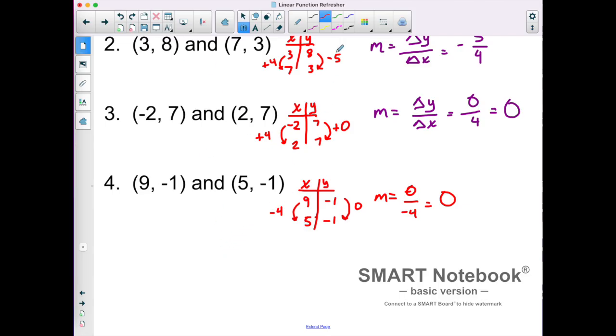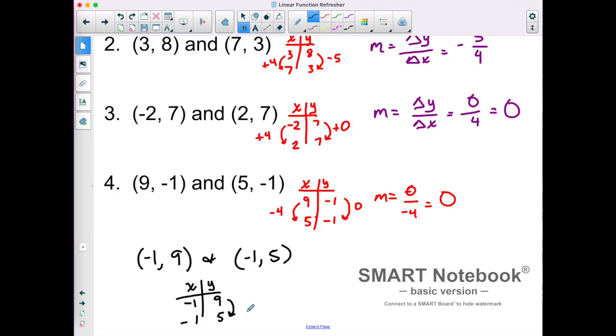Now, what if we had swapped those? In fact, I think I intentionally meant to put this as -1, 9 and -1, 5, because if we look at that change in y, change in x, we see that the y values decreased by 4 and the x values didn't change at all. If we use that slope, we would have -4 over 0, and we cannot divide by 0.